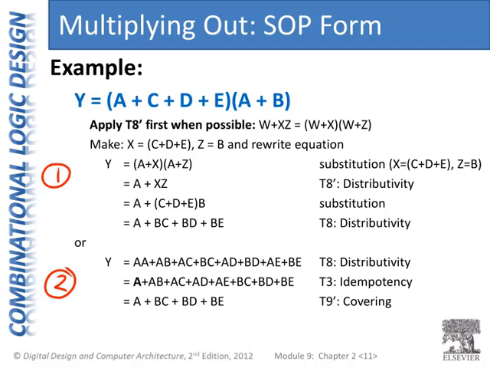This is a case of using multiplying out to turn the equation into SOP form and minimize our equation so that it has the fewest number of implicants, where each implicant has the fewest number of literals.